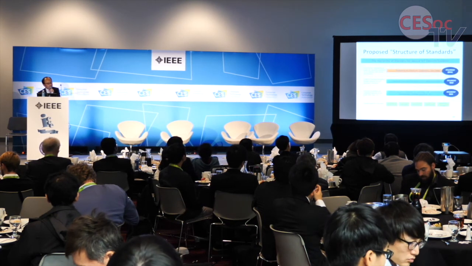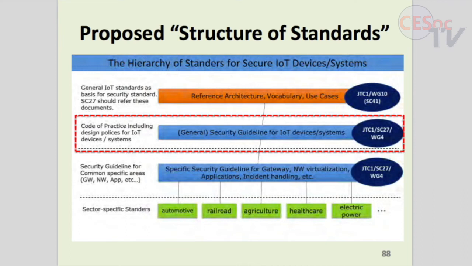In the case of standardization, this is the structure of the standard. You may not be so interested in standardization, but we focus on a general security guideline for IoT devices and systems, targeted to ISO JTC 1 SC 27. This is the current status: it is under a new work item proposal, which is a new project balloting.